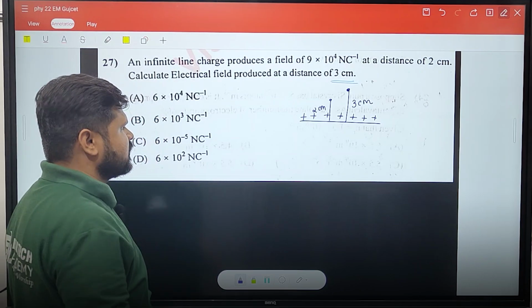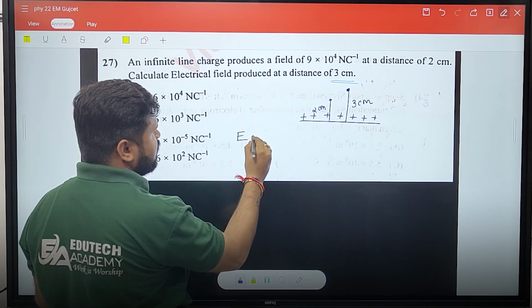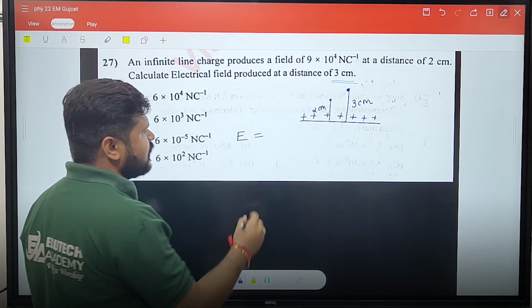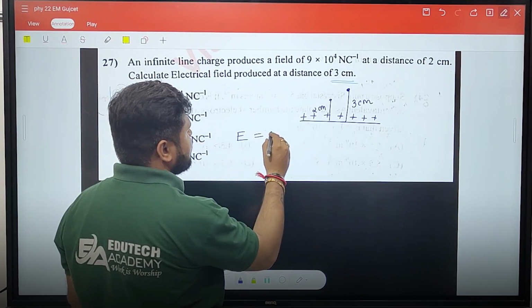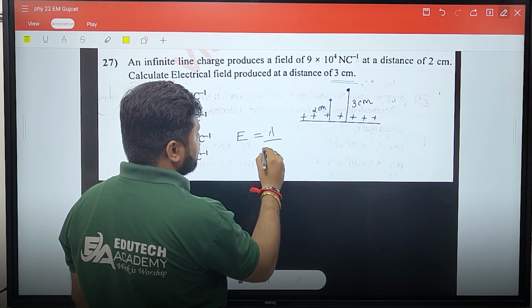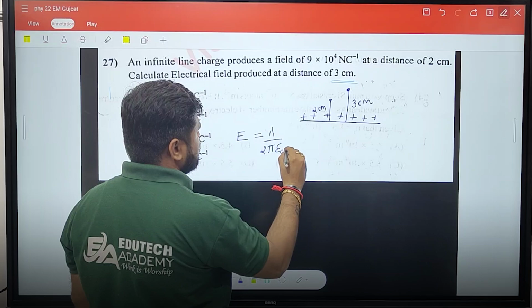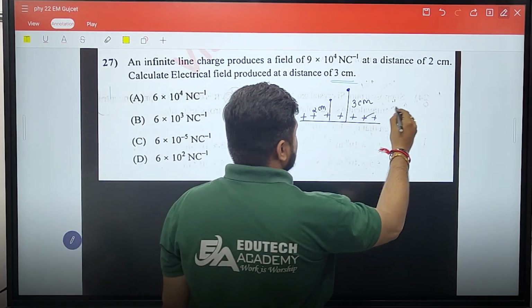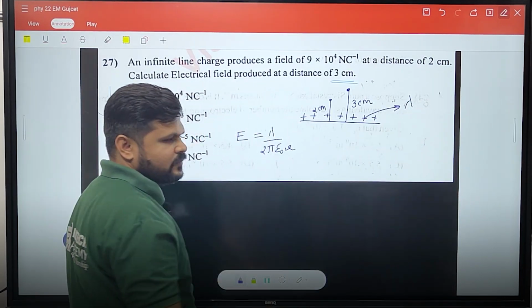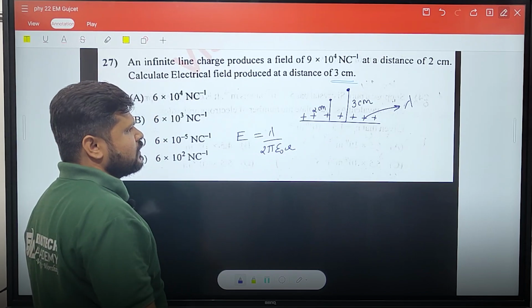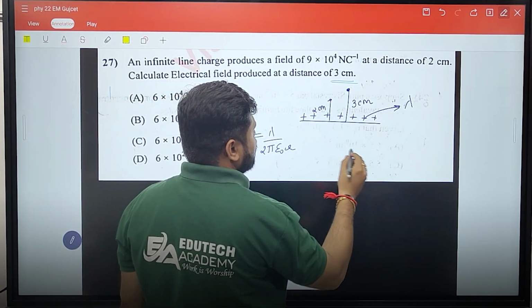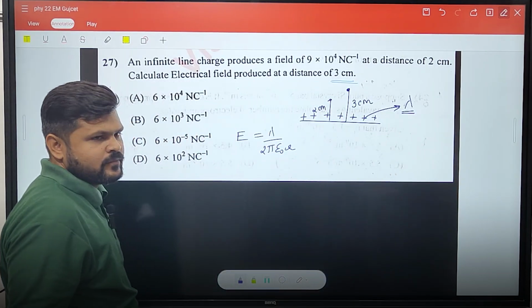So for that, we will just recall the formula of the electric field by an infinite line charge. That is lambda upon 2 pi epsilon 0 r. Lambda is the linear charge density of this line charge. In both cases, obviously this lambda will be the same.